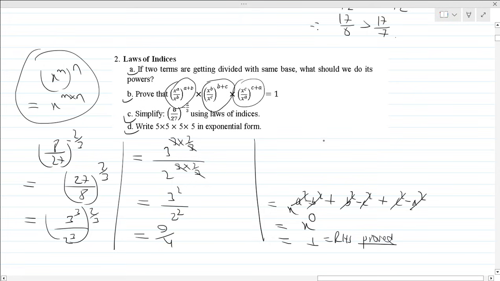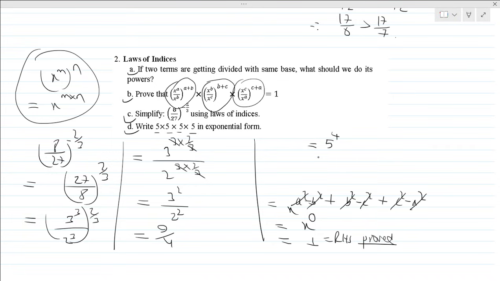The same value is multiplied here 4 times: 1, 2, 3 and 4. So it will be 5 power 4. So these 4 times, we have to write as 5 power 4 in exponential form.